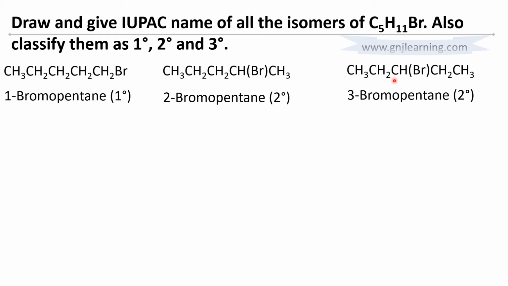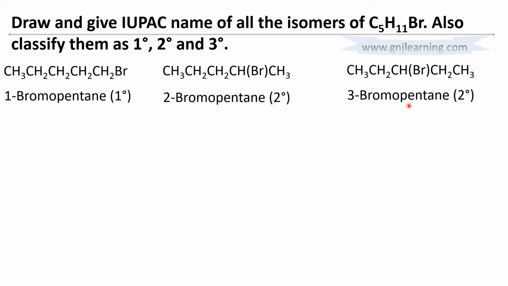And if I move one more place, it is the same compound, because then I have to start counting from this side, so it is 1, 2, which is 2-bromopentane. So the straight chain molecules possible are 1-bromo, 2-bromo and 3-bromo. Three are possible. Of these, 1-bromo is primary, whereas the other two are secondary.